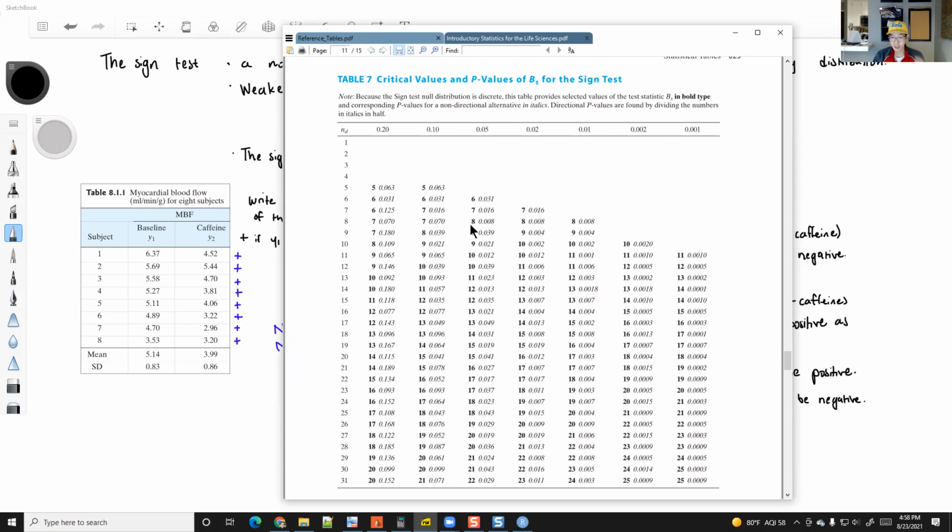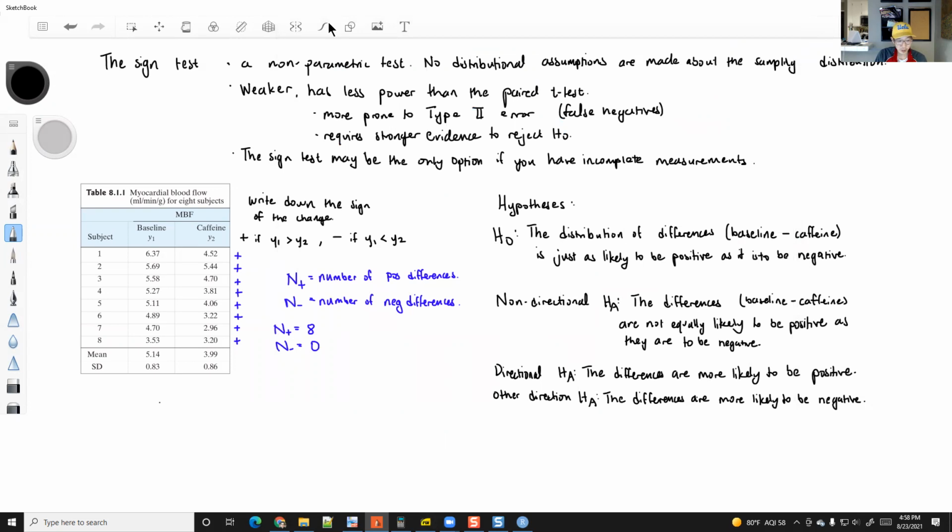So the test statistic, BS, is equal to the larger of n plus or n minus. So in our case, BS is 8, and we look it up in the reference table 7, I guess.